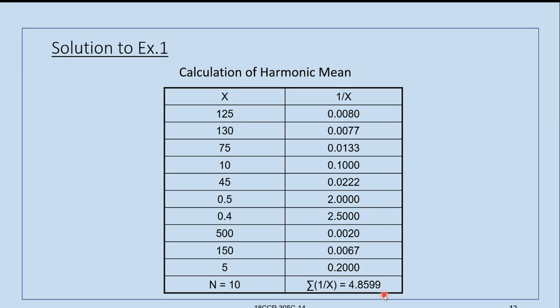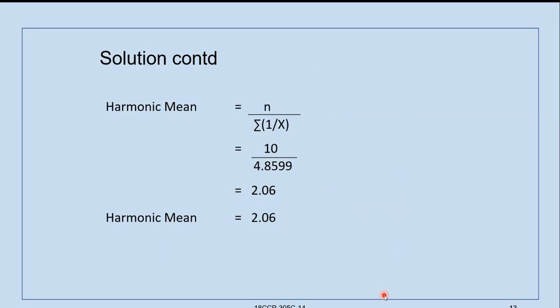Now we will apply the formula. Here see, n by sigma 1 by x, that is 10 by 4.8599. So again, if you calculate this figure, 10 divided by 4.8599, by using a calculator or manually, you will get 2.06 approximately.